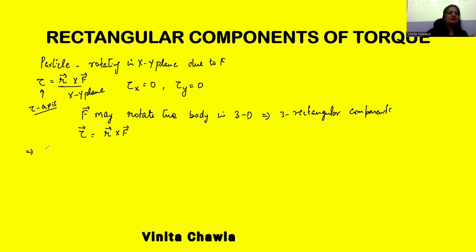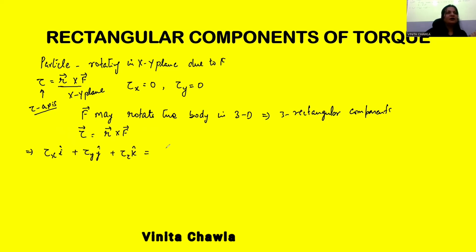We can write torque as tau x i cap plus tau y j cap plus tau z k cap.